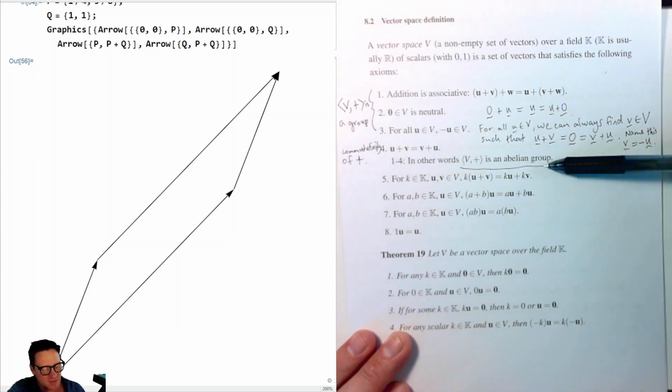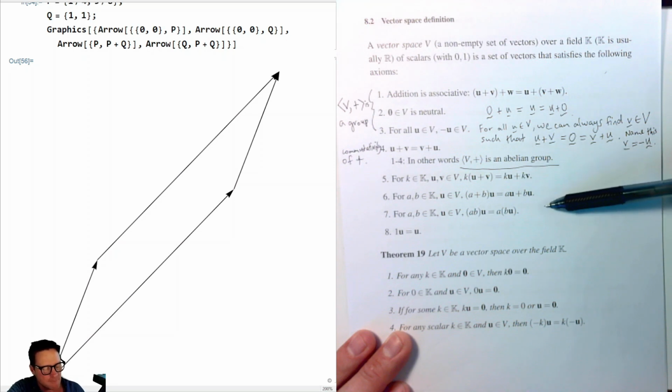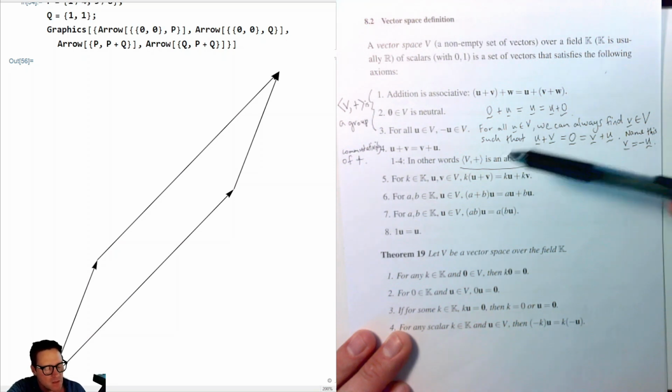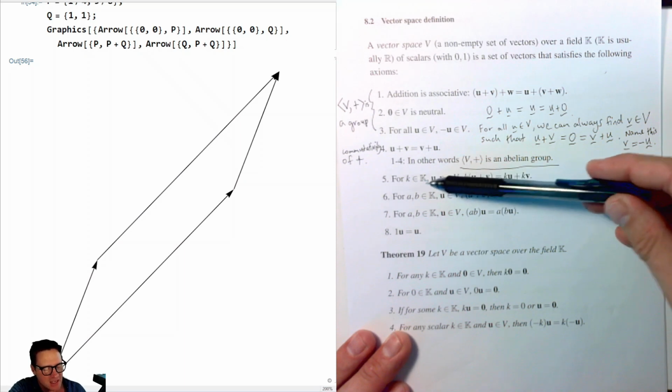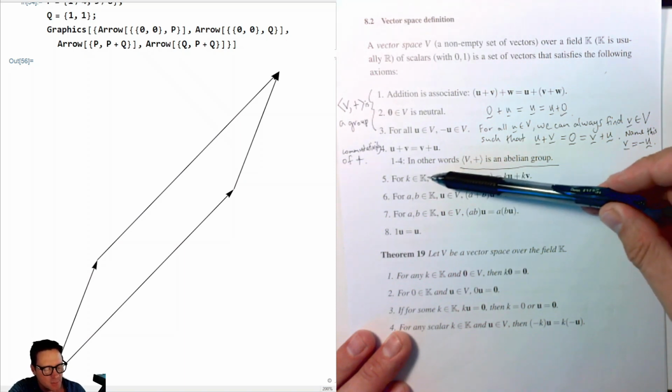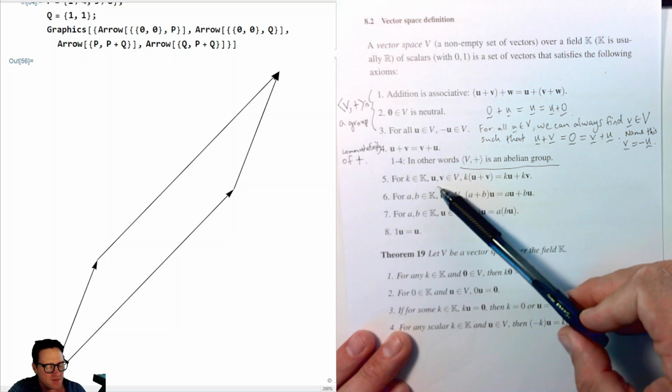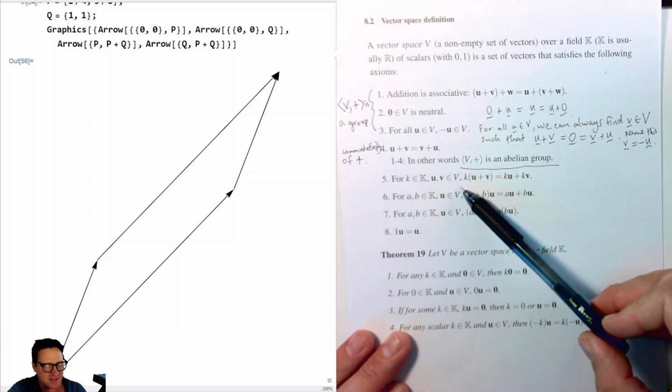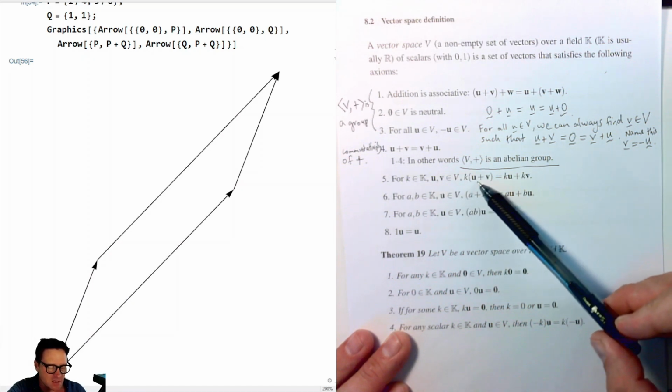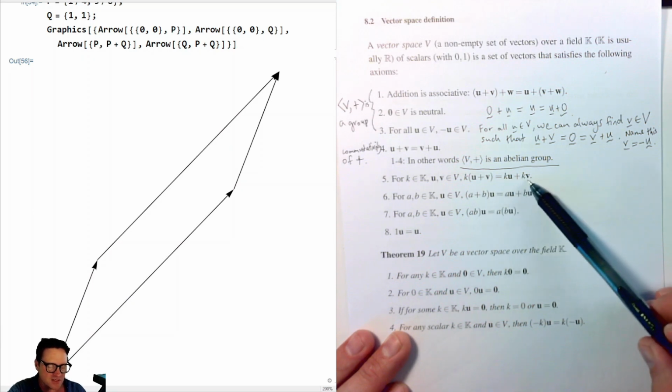Okay, the 5th axiom. So these are about scalar multiplication. For all scalars k in the field uppercase K, and vectors u and v in the vector space V, k times u plus v is ku plus kv.